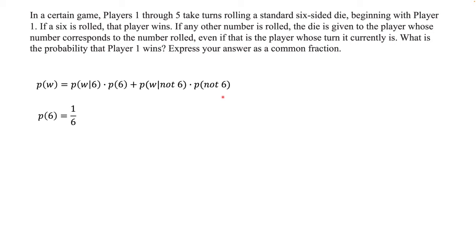We just talked about it. Now, probability of not 6, throwing anything else other than 6, is 5/6. We also know that. Now, what is the probability of win if I throw 6?